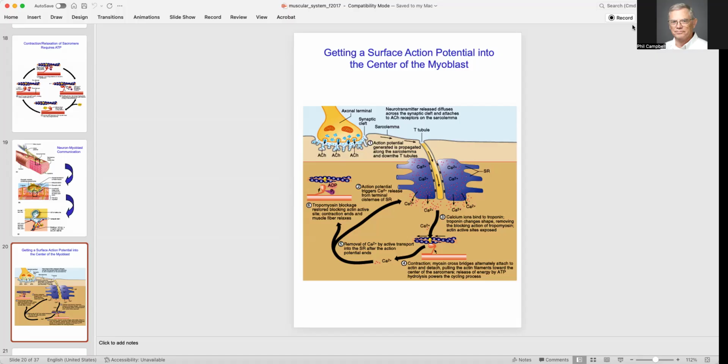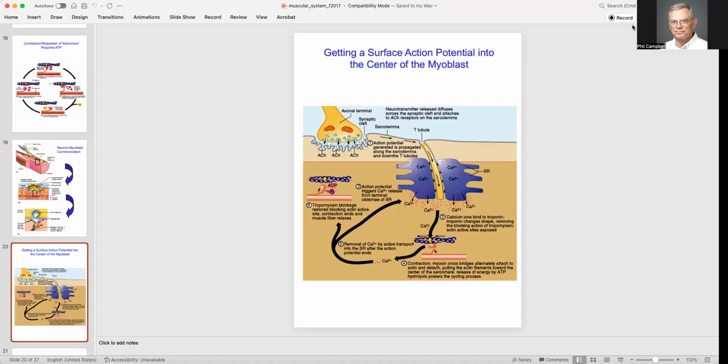Wait a minute. I told you that the gradient is from the sarcoplasmic reticulum to the cytoplasm. If I want to move it the other way, the only way I can do that is by active transport. So I have to actively transport the calcium from the cytoplasm back into the sarcoplasmic reticulum, right?